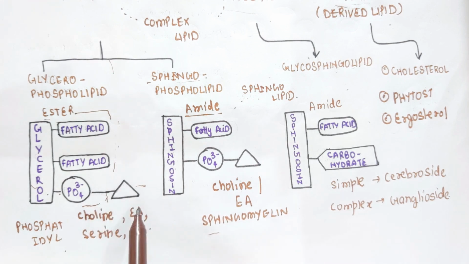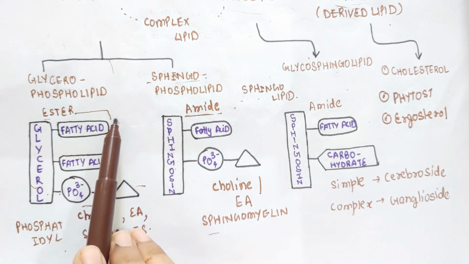This small head group can be either choline or ethanolamine or serine or inositol. Based on which small head group is present, we can completely name this structure.